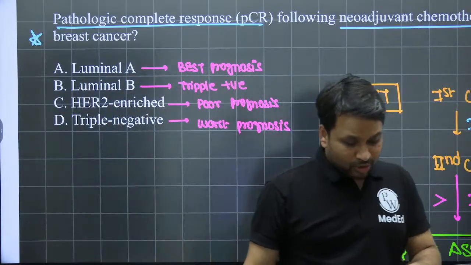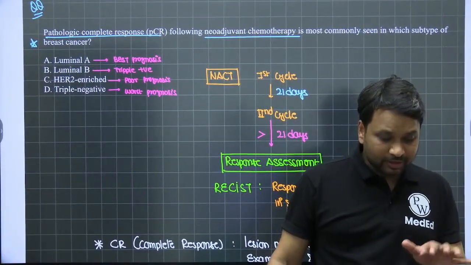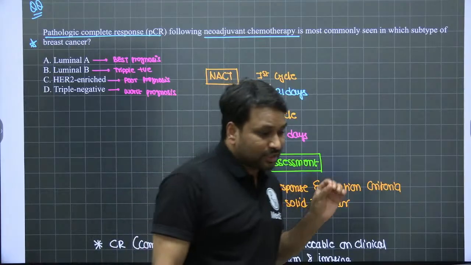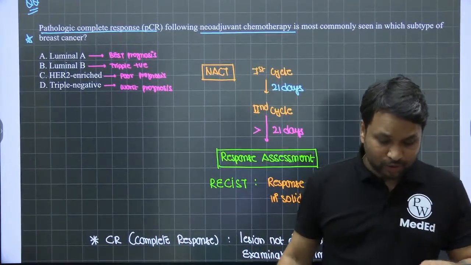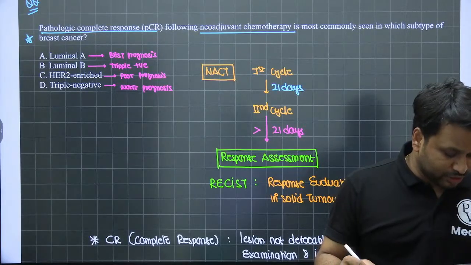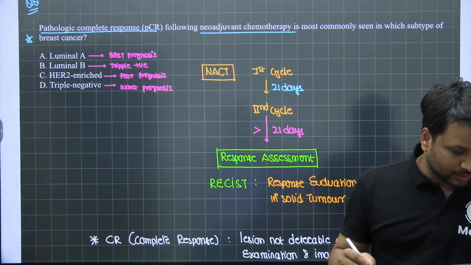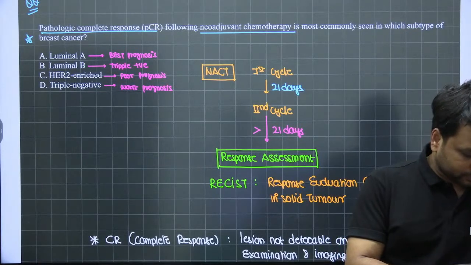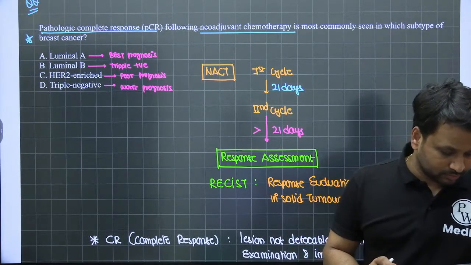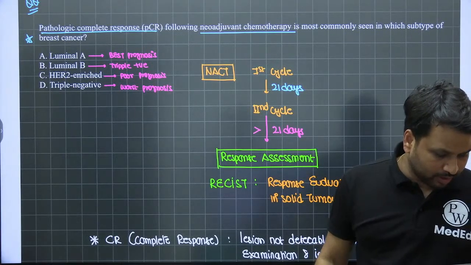Now the question is not this. The question is, which of the following subtypes respond better? So we say pathological complete response following neoadjuvant therapy is most commonly seen in which subtype of breast cancer? Quick feedback. This is a question that I'm really keen on.